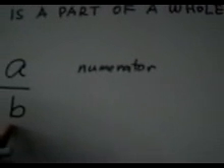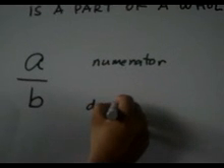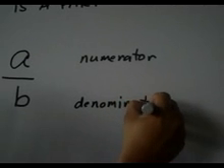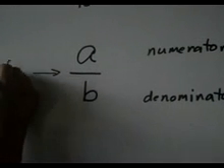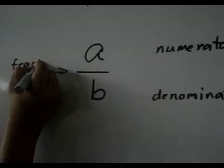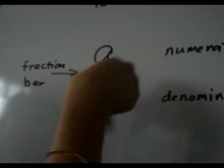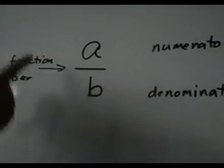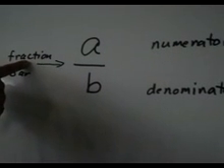The lower part of our fraction is sometimes called your denominator. And this is oftentimes called your fraction bar. All in all, this is a fraction: the numerator, the denominator, and the fraction bar.